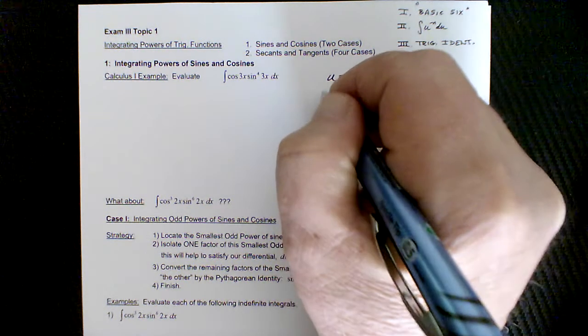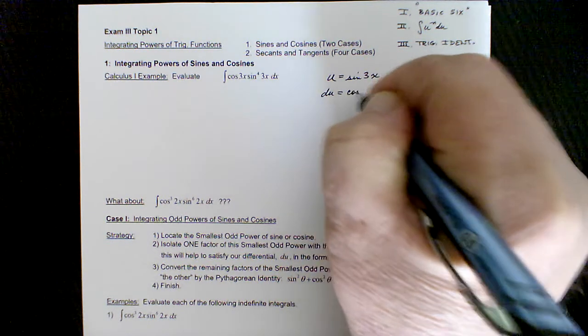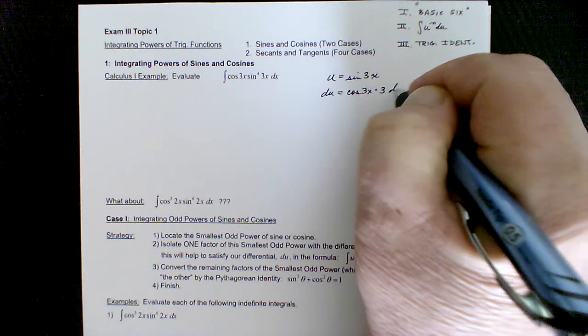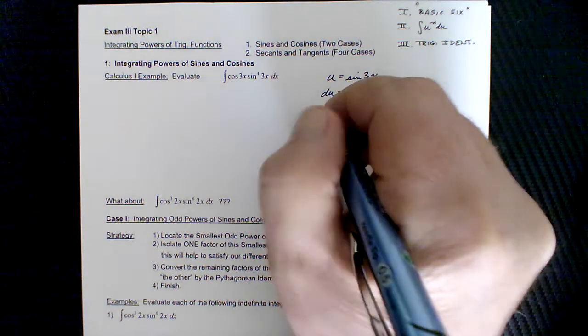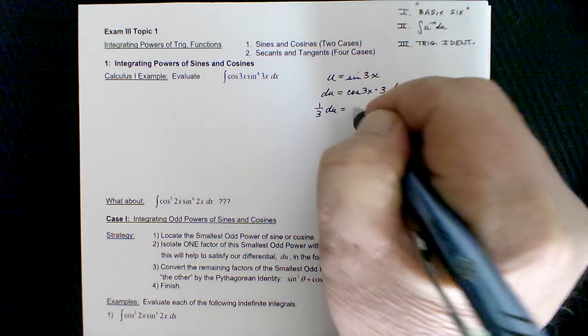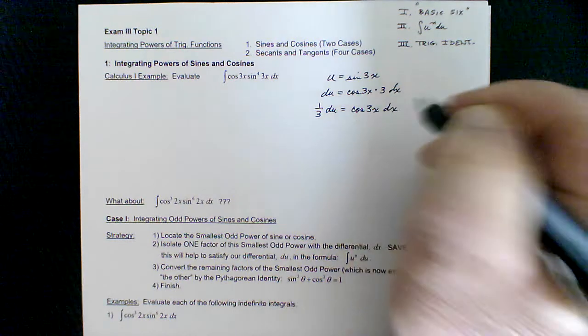So then we need to satisfy our du. So du is cosine 3x, don't forget times 3, and differential dx as well. And then we modify by our 3, and we get 1/3 du is cosine of 3x times the differential dx.